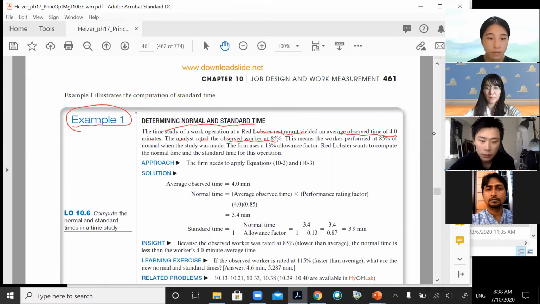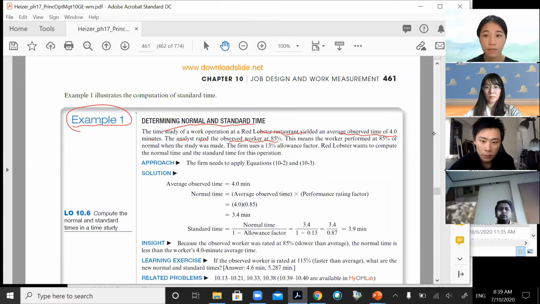That means he is working at 85% out of 100%, so he is quite slow. The worker performed at 85% of normal when the study was made. Now, the firm uses a 13% allowance factor, and Red Lobster wants to compute the normal time and the standard time for this operation.